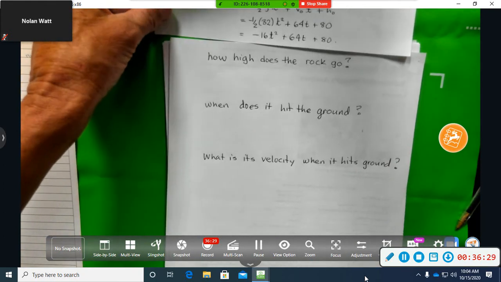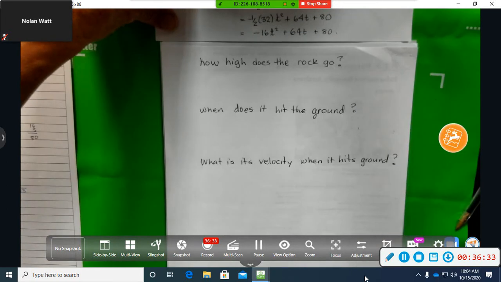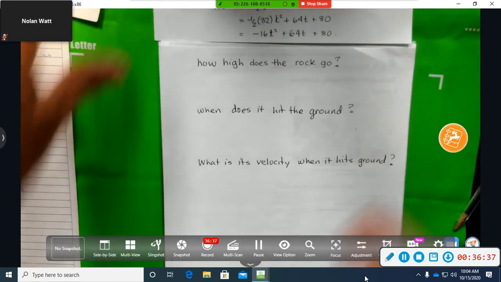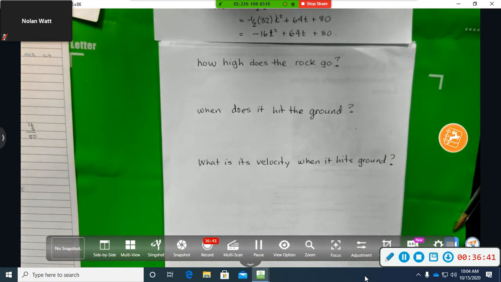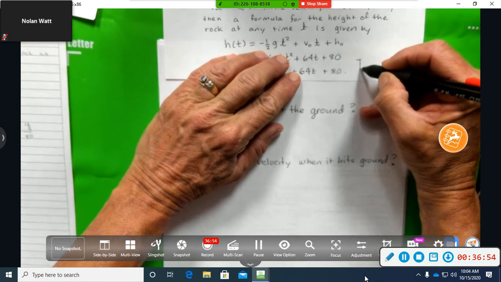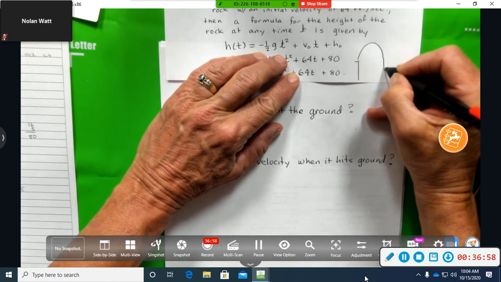He's going to talk us through the steps we take to figure out how high the rock goes. Where's the rock go? The picture tells you, right? The picture would be something like this. You're up here 80 feet. You're going to throw this rock, and it's going to land.